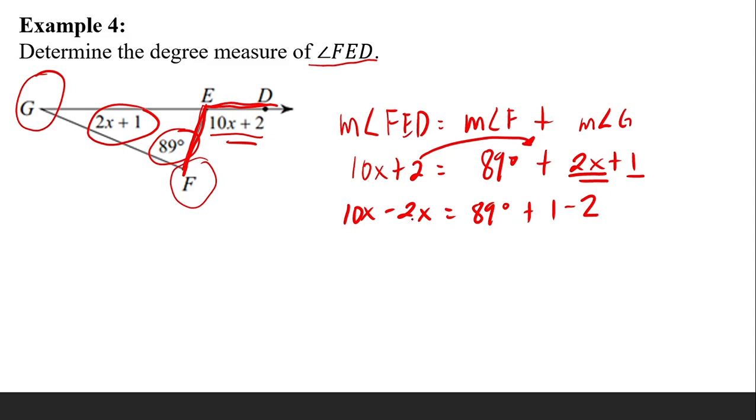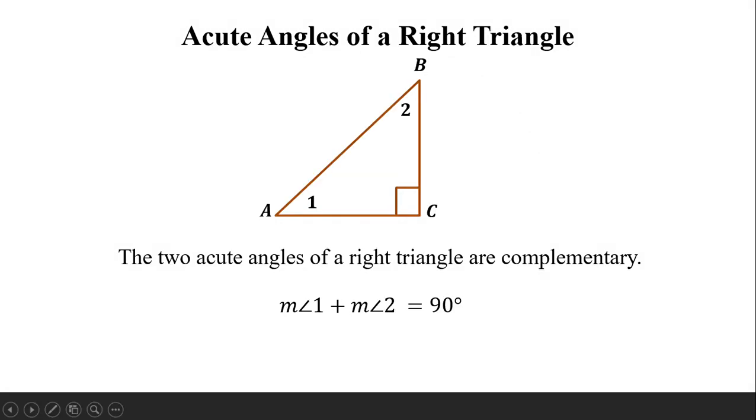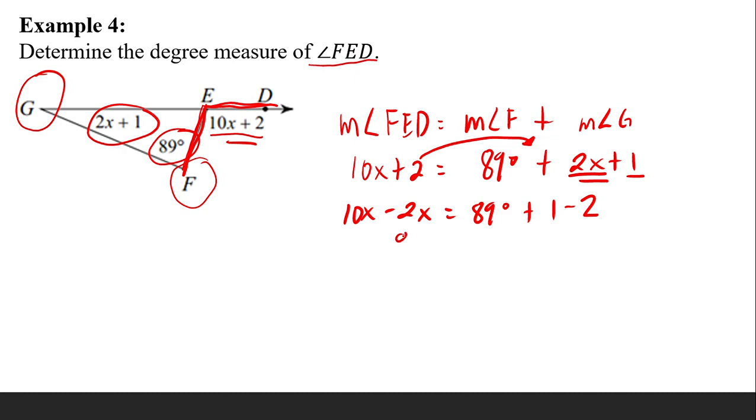10x minus 2x, that is 8x, is equal to 89 plus 1, that is 90, minus 2, that is 88 degrees. Divide both sides by 8, and then you will get x is equal to 11. So our value of x is equal to 11. Now, in this problem, you need to find the degree measure of angle FED.